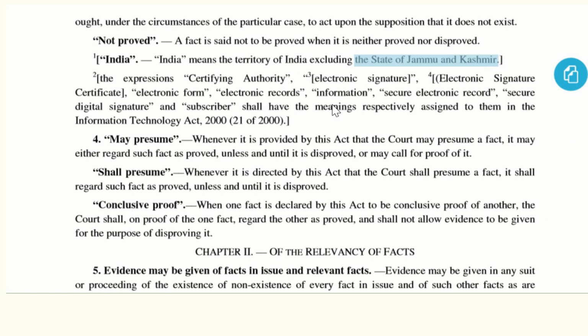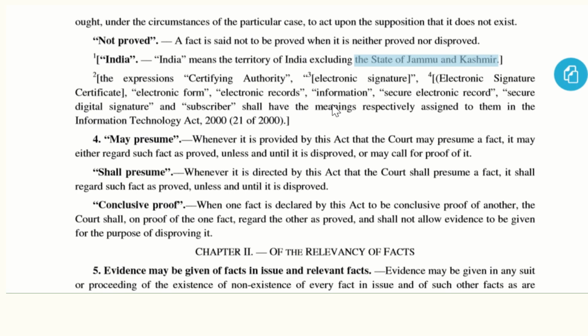Now let us move to the fourth section. This very important section, please listen carefully. They are using the term may presume. The act is saying to the court, you should presume this fact. So naturally the court will presume. But if somebody comes and disproves it, then the court need not presume it.